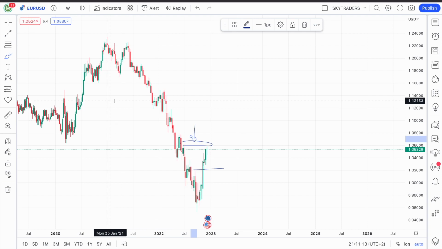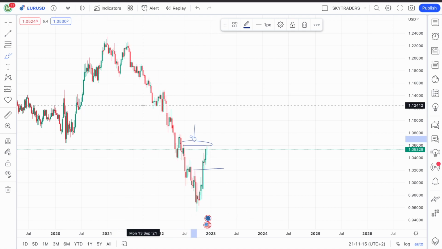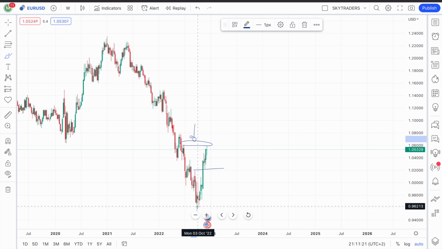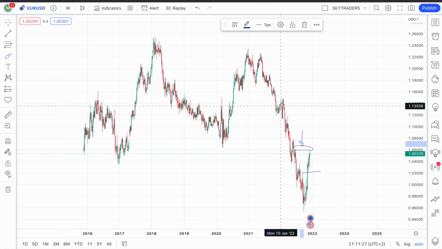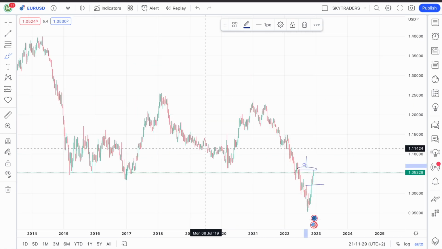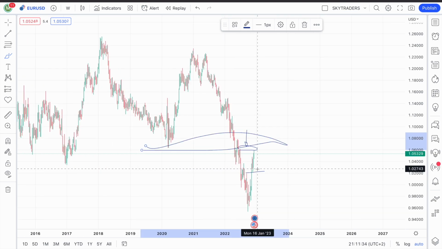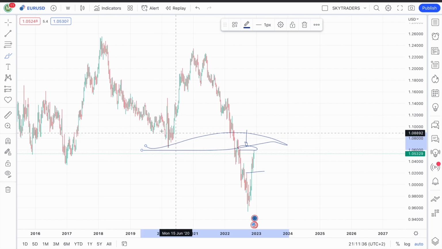So on the weekly time frame, again, we were creating waves on the downside, and now probably we are starting an uptrend, even though it's short term, because now we are approaching a really important price level, which is the previous long-term market structure that we broke back on 25th of April 2022.